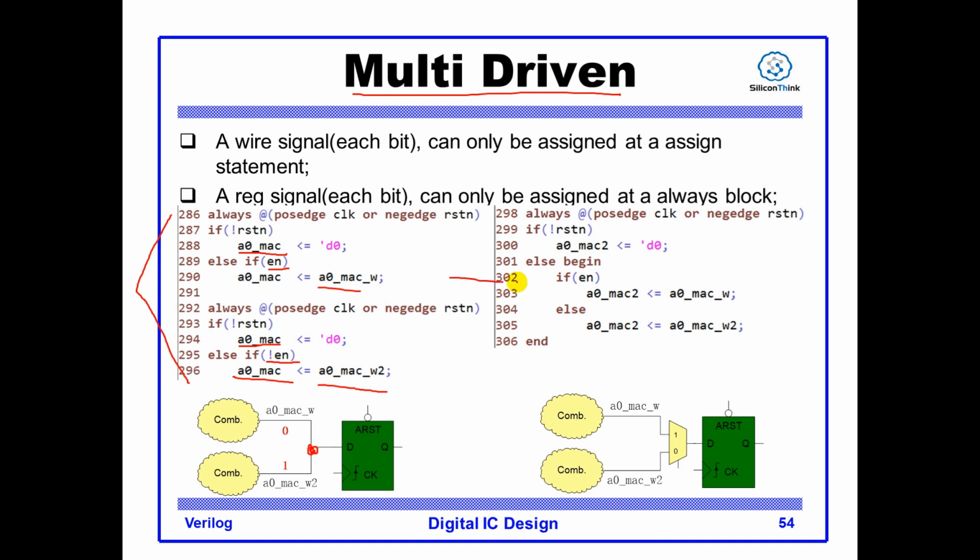You have to write it clearly in your code and assign the value to this signal only in one always block, and this code will generate a circuit something like that.